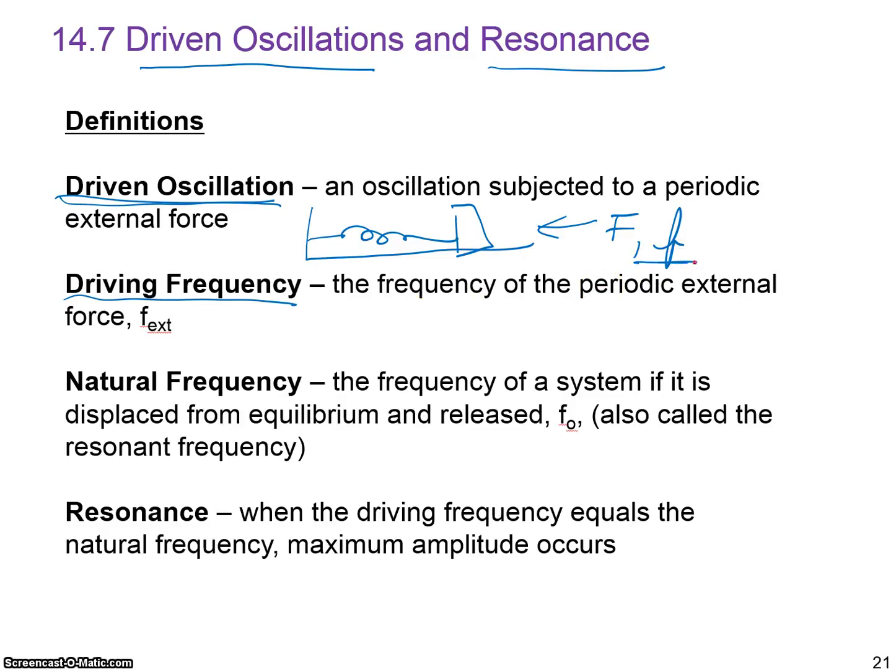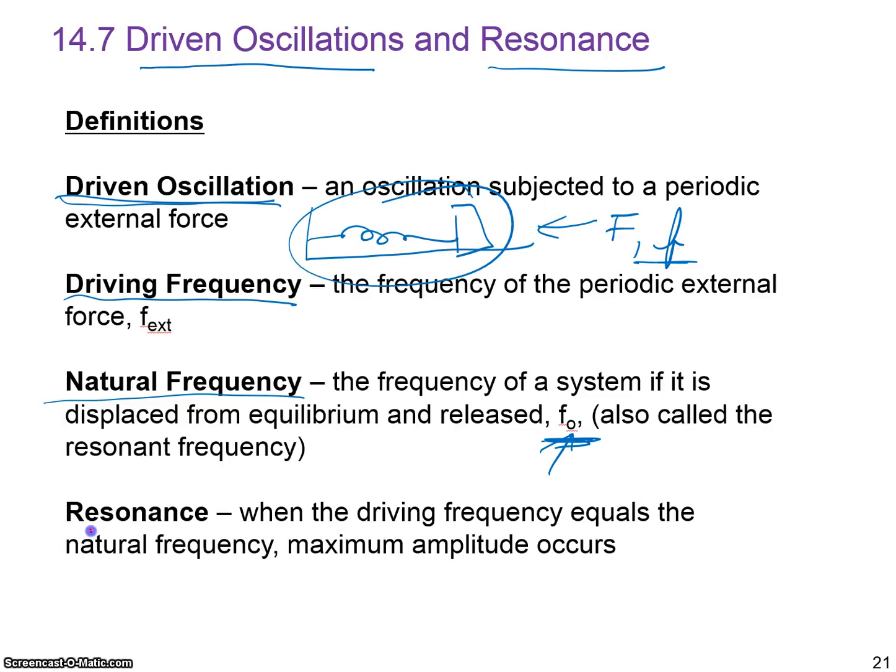Then we have the natural frequency of the system, and we saw that for a spring mass system. We had an equation to calculate the frequency. We would call that the natural frequency of the system. And then the frequency of a system, if it is displaced from equilibrium and released, it oscillates at that frequency. We put that at f0 there for the resonant frequency.